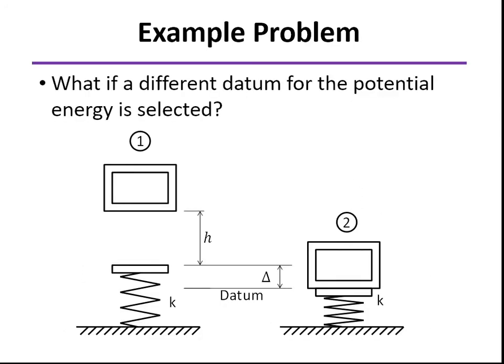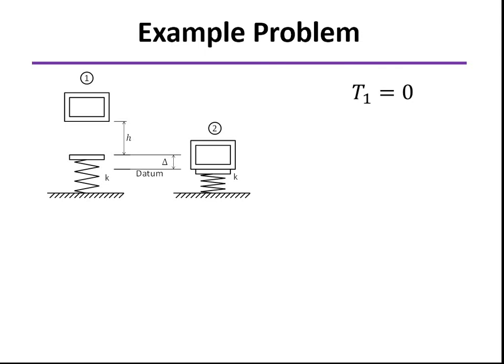Now, what if instead of selecting the top of the unstretched spring as the datum, we selected the final position as the datum instead? Well, again, our kinetic energy would start at 0, but now the potential energy at the beginning, because we're h plus delta above the datum we've chosen, would be W times the quantity h plus delta.